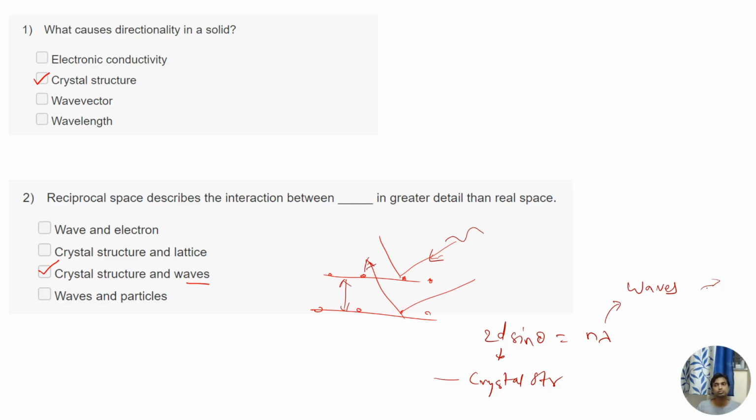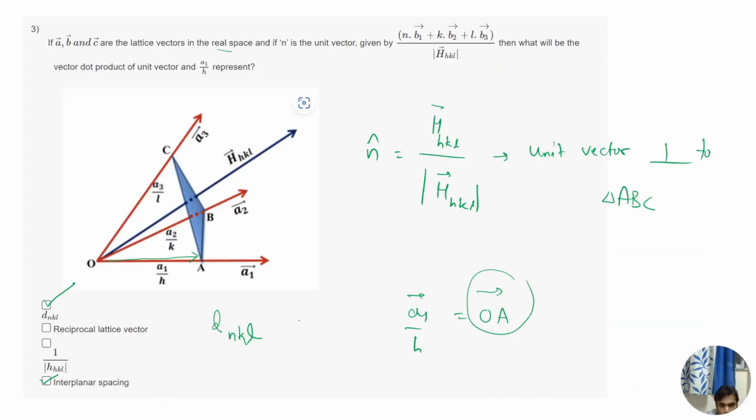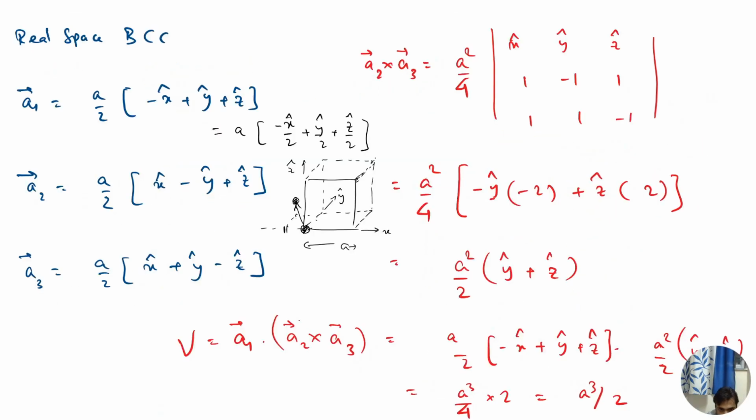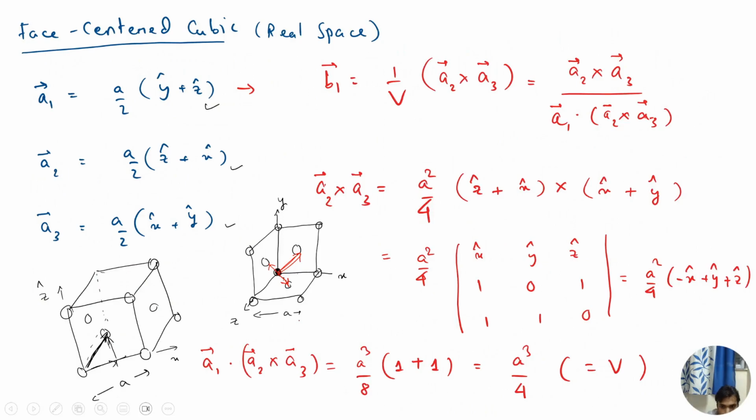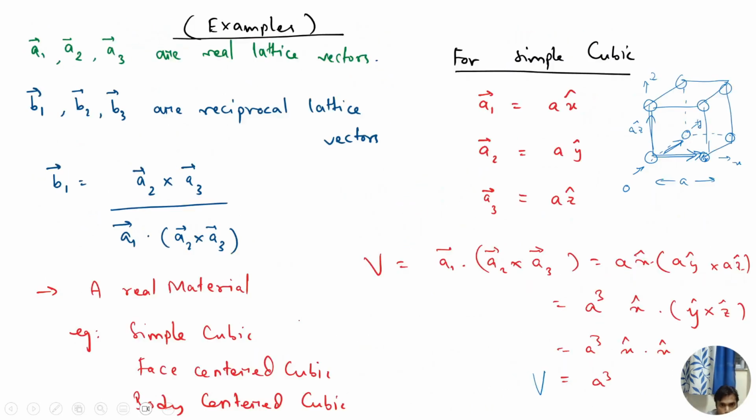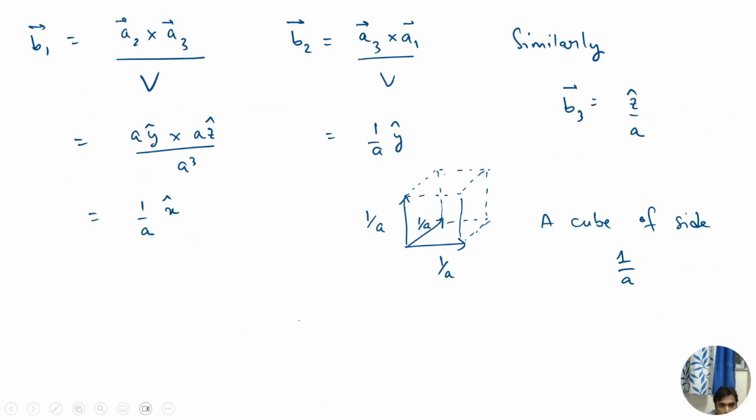Because in reciprocal space, if you see what is b1, b1 will be inverse of a. a has the unit of length, so b1 has the unit of 1 by length.